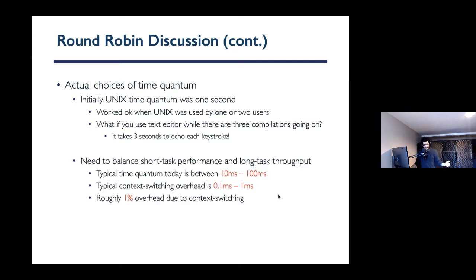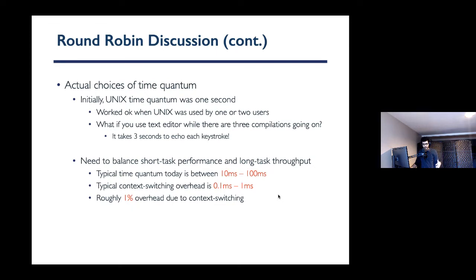Today, the time quantum has a range between 10 millisecond to 100 millisecond, somewhere in between there, and it would depend on the context switching overhead. So you would measure your context switching overhead and try to make that overhead to be about 1% of the time quantum.